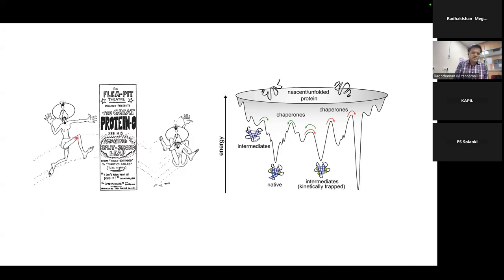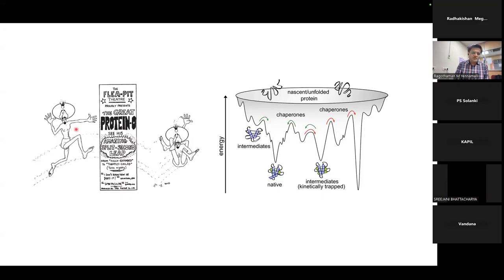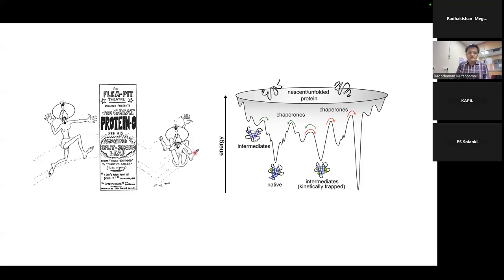Now, this is a cartoon that shows an acrobat or a contortionist who is twisting himself, and within a split second, he folds into a very stable structure. Although this sounds very comical, that's actually what happens in reality: a primary structure forms a tertiary structure within a matter of seconds.